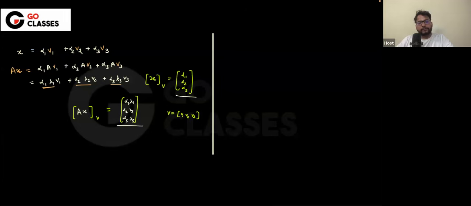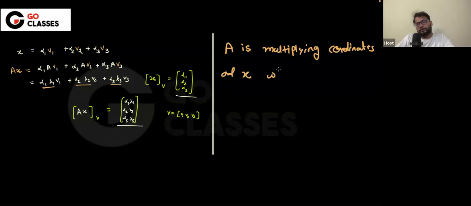So you can say that A is multiplying the coordinates with the eigenvalues, right? So basically, A is multiplying coordinates of x with corresponding eigenvalues.